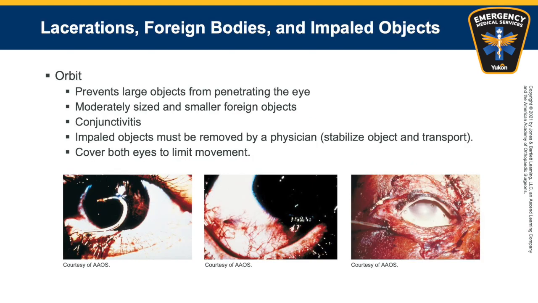The key takeaway from this is that with anything in the eye, we want to minimize the movement of the eyes, because eyes will move in unison with one another. This is why when we cover the injured eye, we also cover the uninjured eye. You want to explain to the patient why you're doing this, because it can be quite a terrifying experience for someone who has suffered an eye injury.